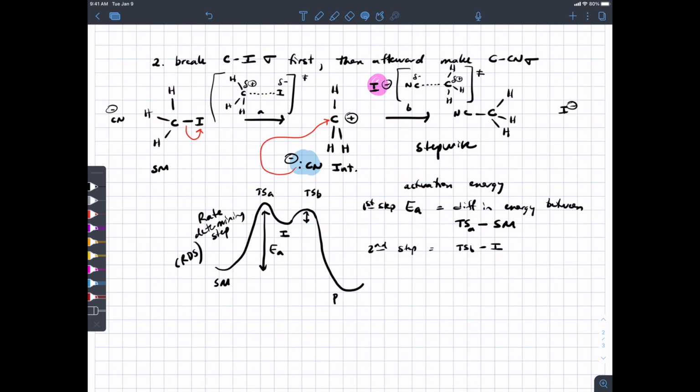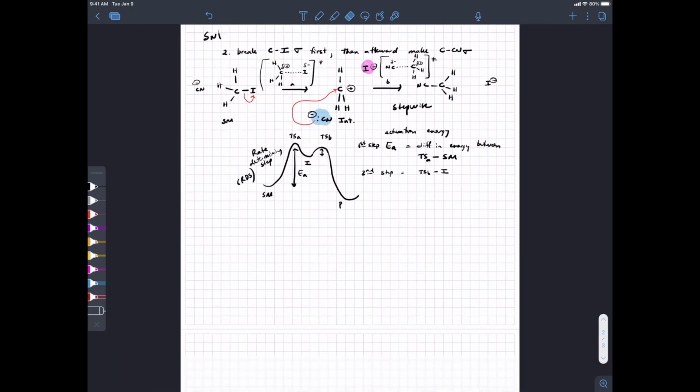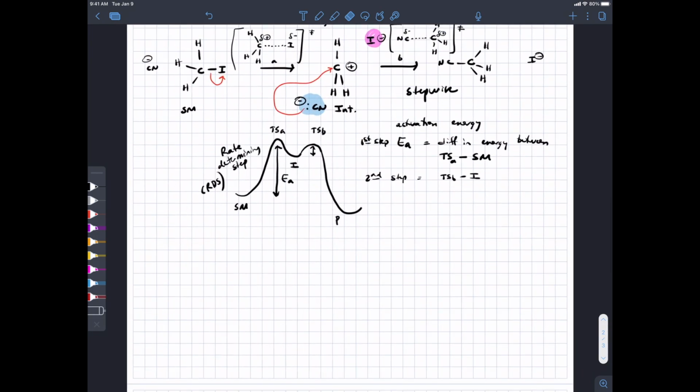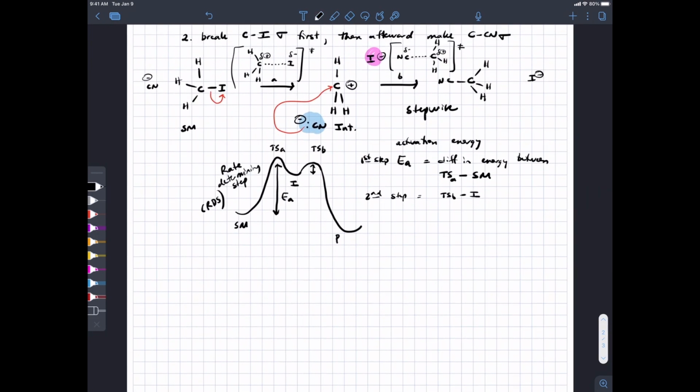So let's talk about this first step. As I told you, in the first step of this stepwise mechanism, which we're calling SN1, first the carbon iodide bond breaks, and then you make the new bond. Maybe I'll give you an actual example.